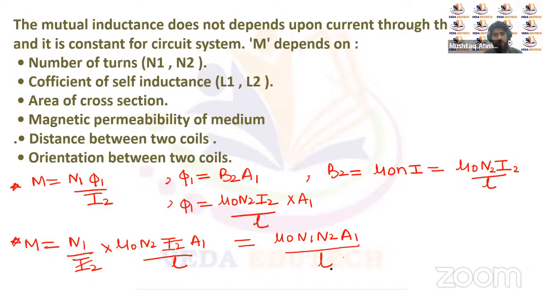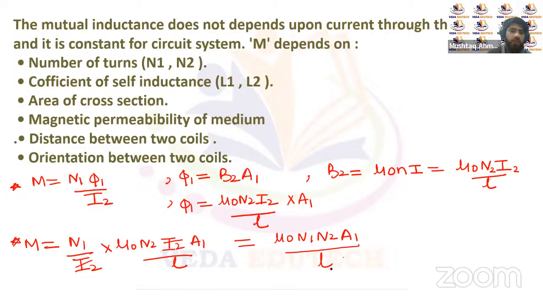So you can say that the magnitude of the coefficient of mutual inductance depends upon many factors, but current is not one of the factors on which it depends.